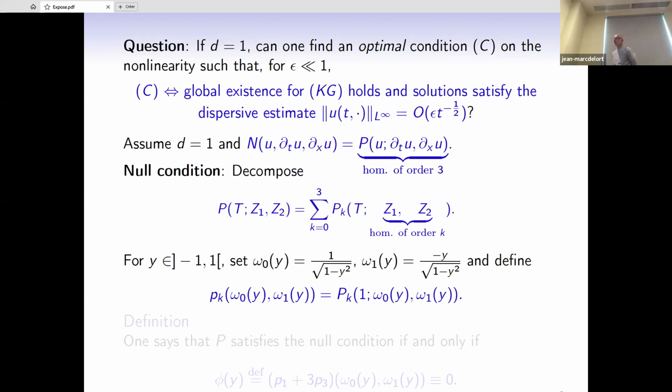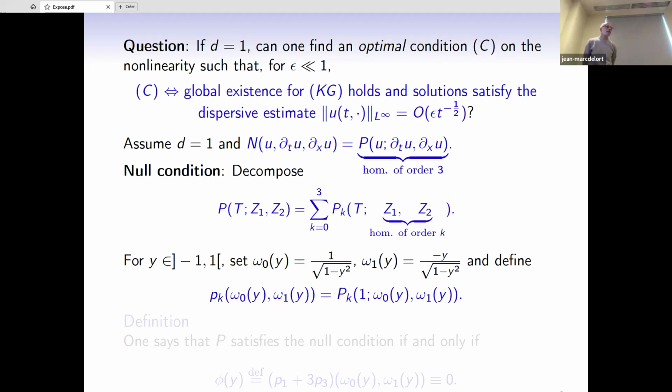So from now on, I consider nonlinearity N of u, ∂t u, ∂x u, which is given by some homogeneous cubic polynomial P of u, ∂t u, ∂x u. And now I shall introduce a condition that should be satisfied by this polynomial.